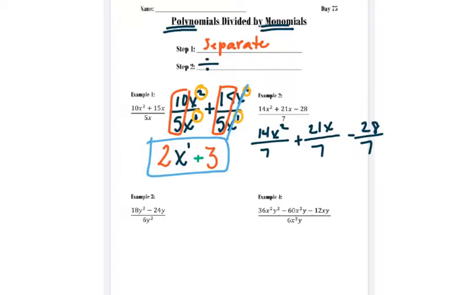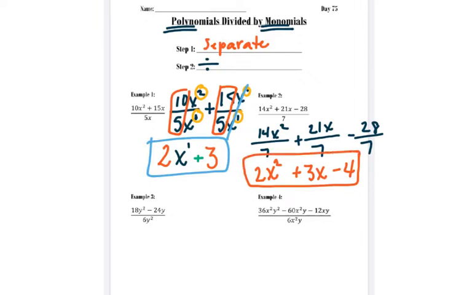So then we just simplify. 14 divided by 7 is 2. X squared, with no more x's to simplify, means it stays x squared. Plus 21 divided by 7 is 3. There's an x with no more, so it's just an x. Minus 28 divided by 7 is 4. So easy.